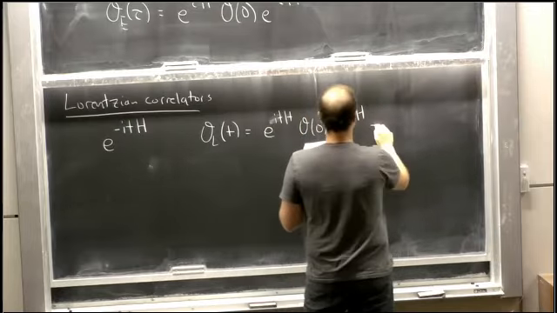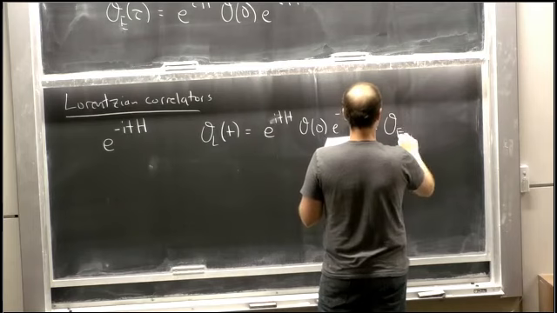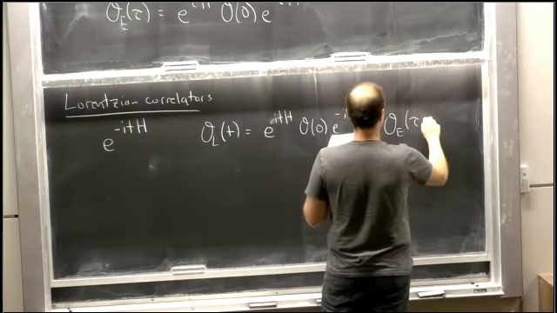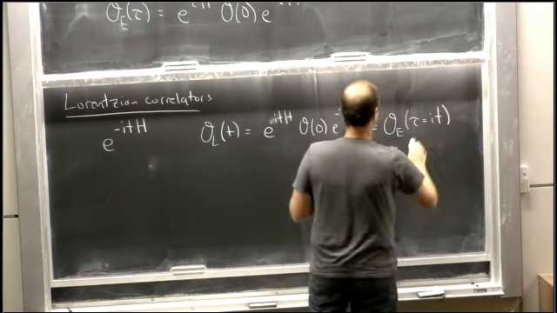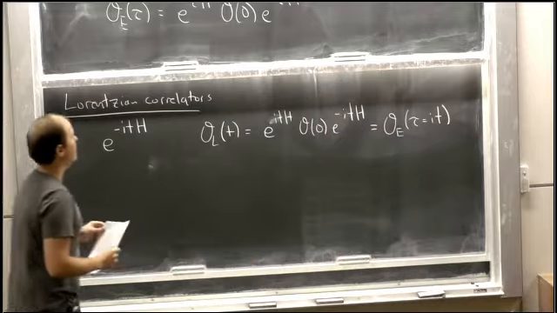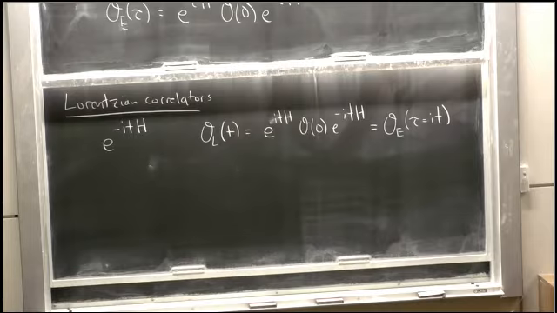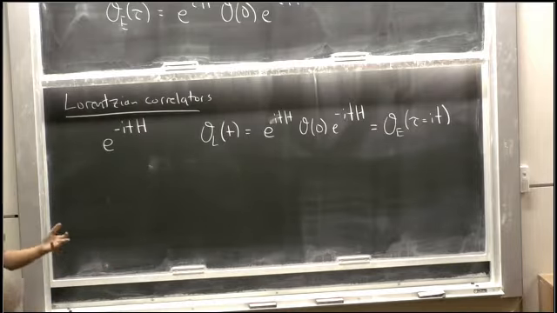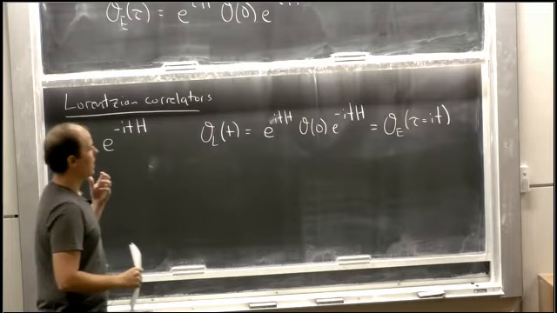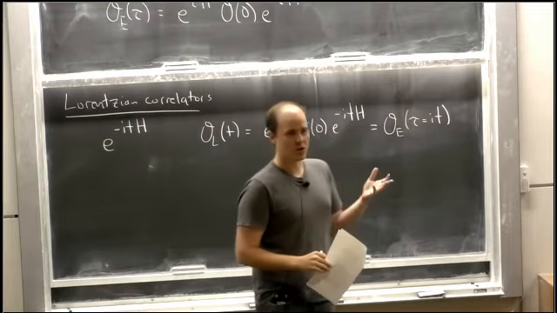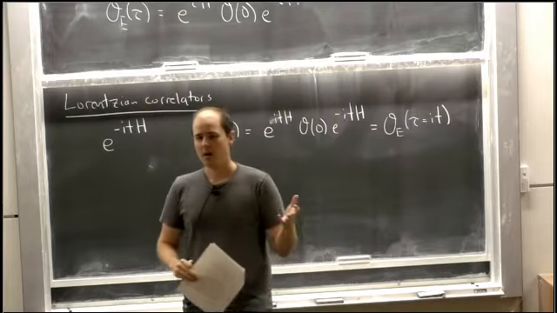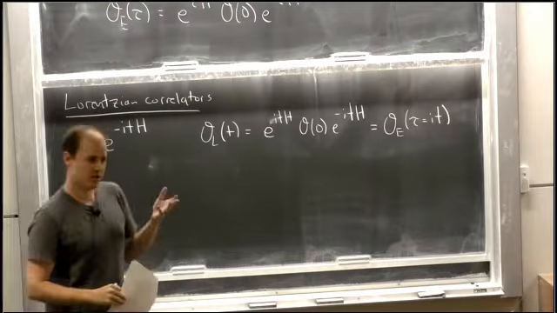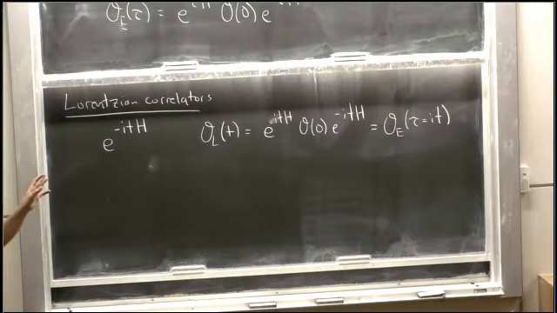In particular, this is equal to O Euclidean of tau equals I times t. Now, it's easy to get confused by factors of I and minus 1 when you're in this business, but you should feel confident that there's a correct answer for all of those factors. And the correct answer is determined by following this recipe that we're following now.